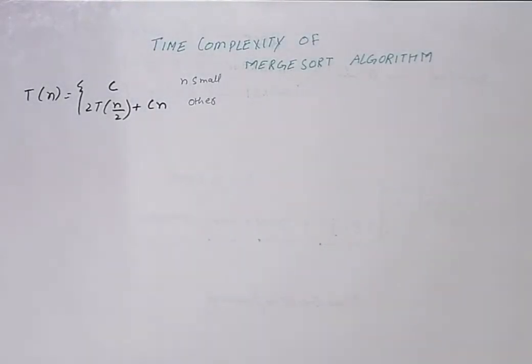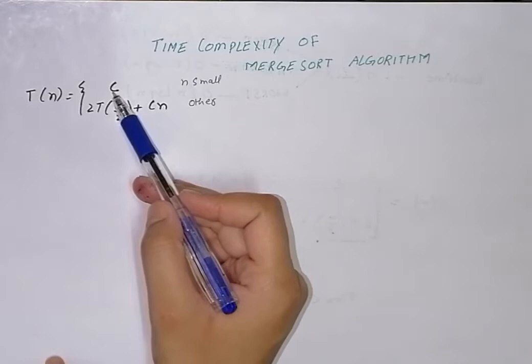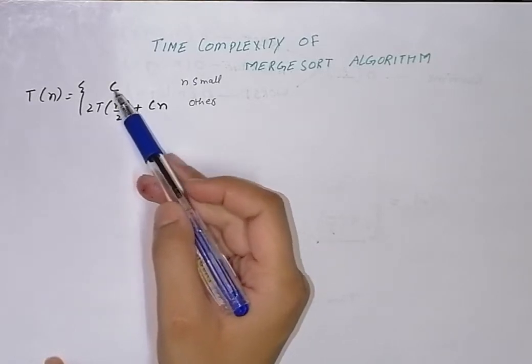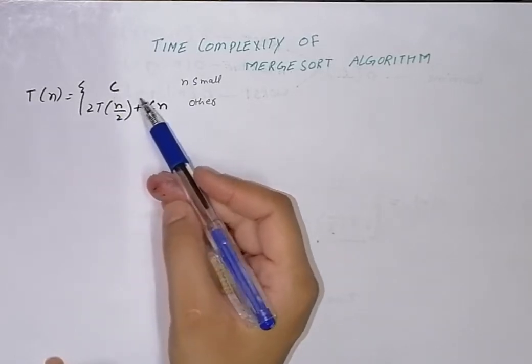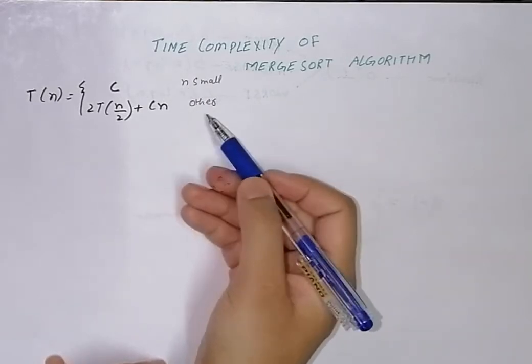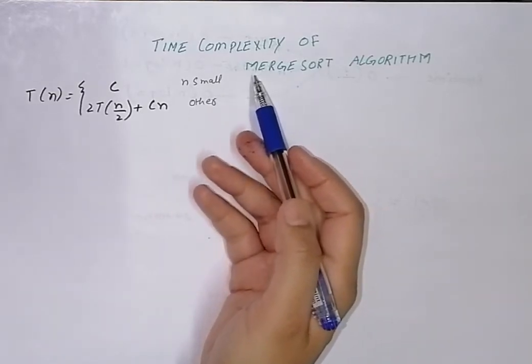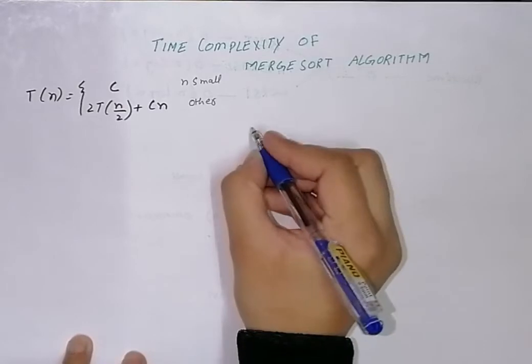While using the tree method, we try to figure out the time complexity of this merge sort algorithm using this equation. As we know, if n is very small, its cost is a constant c, which is a very small amount. In the other case, if we have a larger data set, how much time will this algorithm consume?